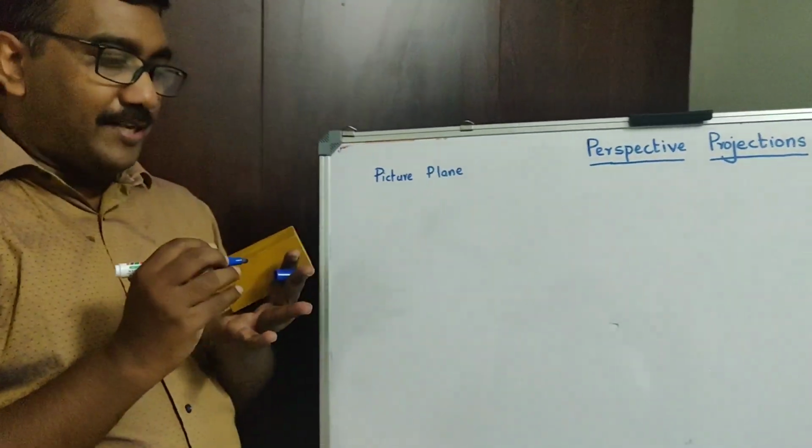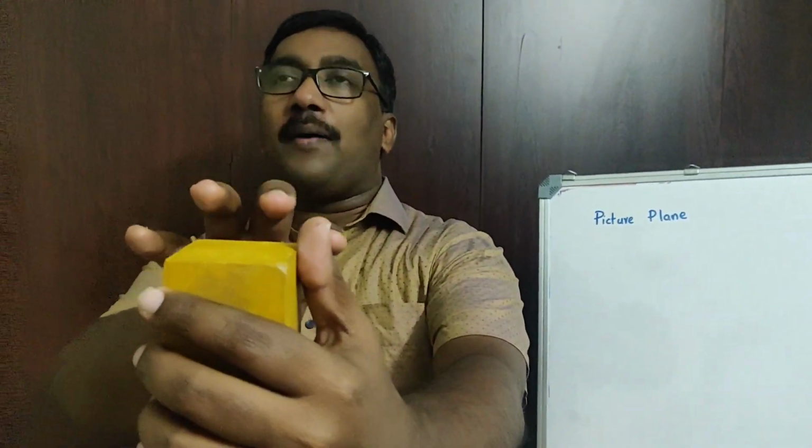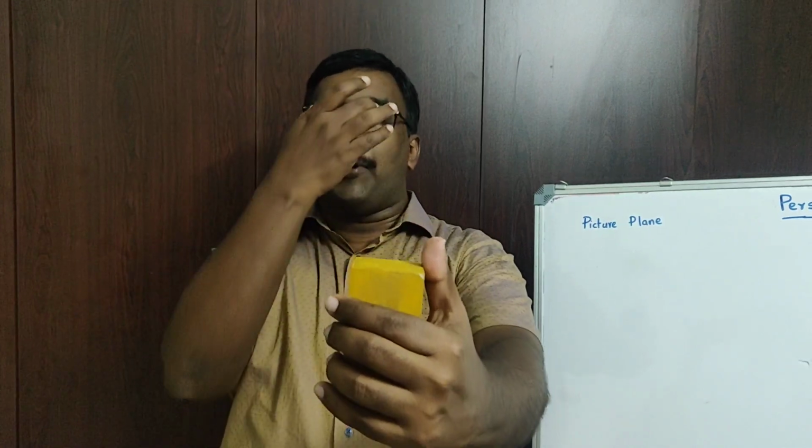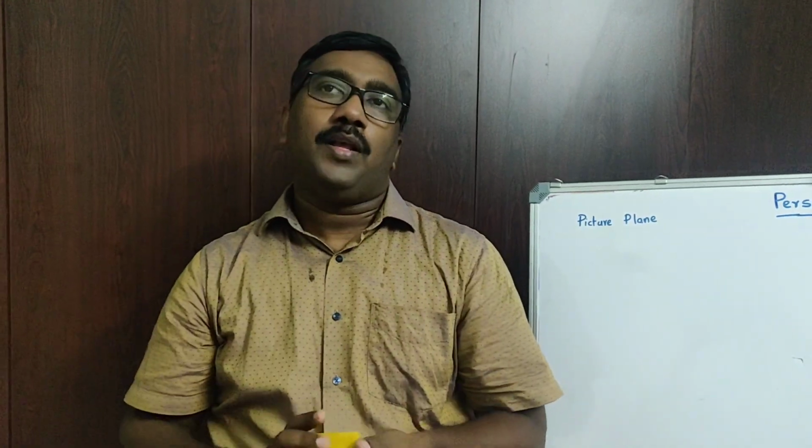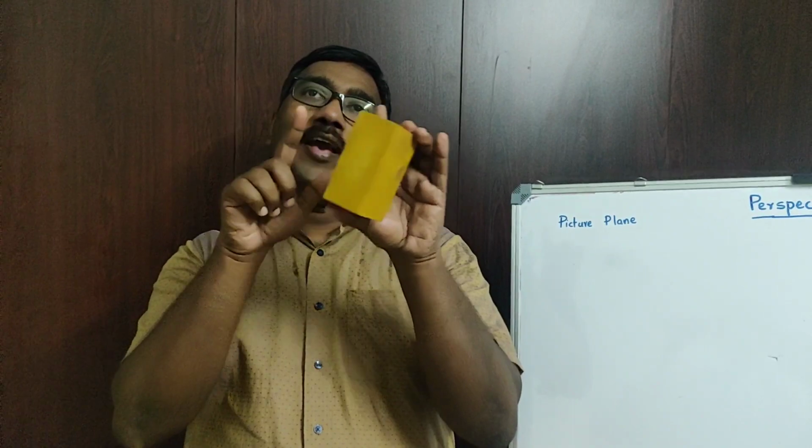In picture plane, actually we are drawing the perspective projection. That is, the light rays are coming from here. So in between that there will be a screen. First the light rays are falling on that screen. After that it is coming to my eye. When the light rays are falling on the screen, you can have a closed contour, and that is the perspective projection. One example I will say, you are having a glass window.